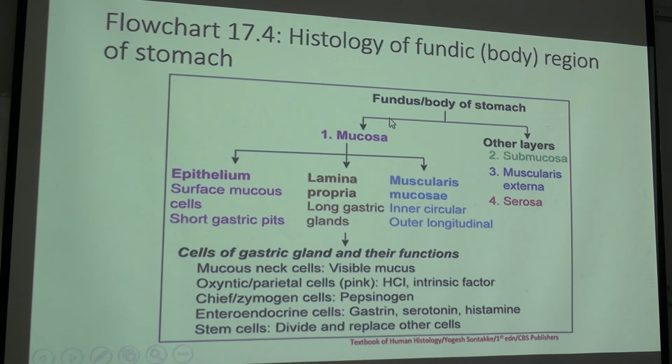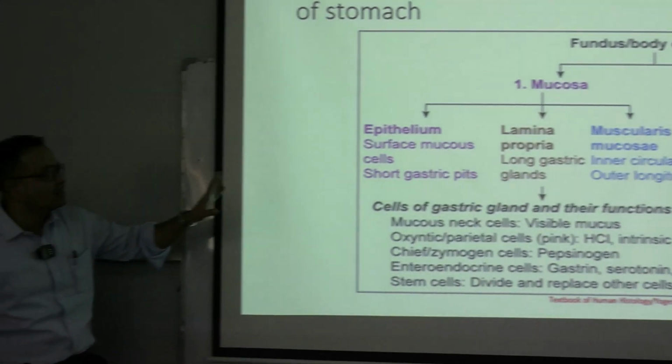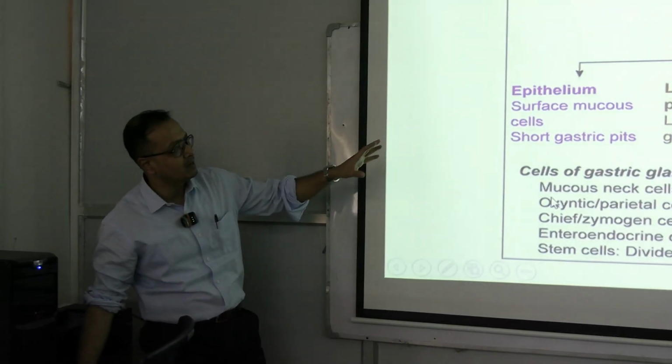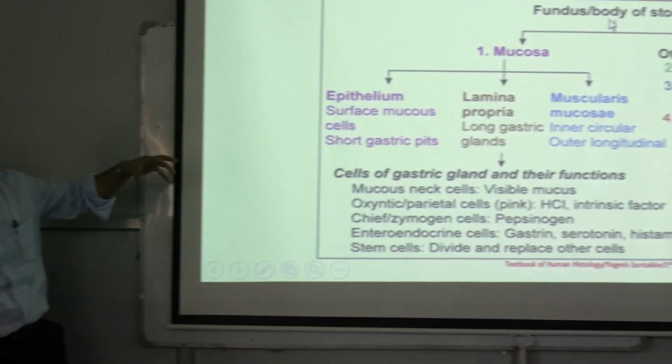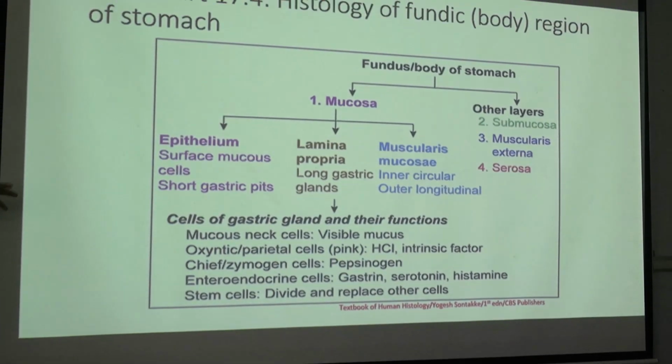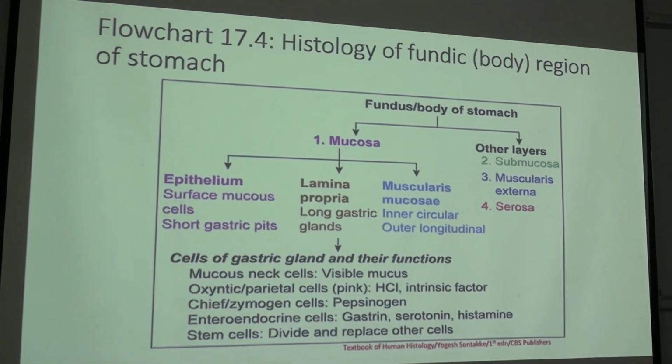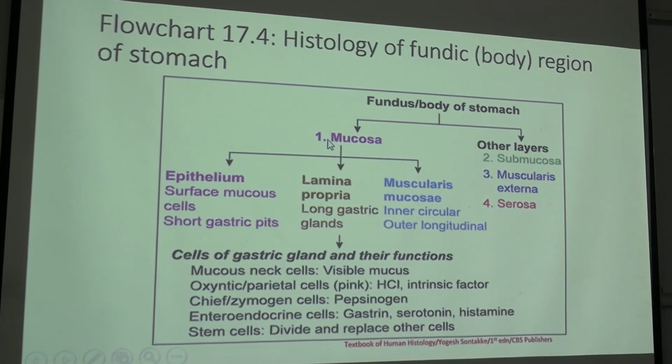Fundus, pylorus and body have a few modifications, but do not go into understanding the changes in the fundus region, pyloric region, etc. In general, in the histology of the stomach, we talk about the fundus and body, which are a little different from the pyloric region and the cardiac region. We are not going to study each and every segment of the stomach; in general we look at the features of the stomach, emphasizing the gastric glands.